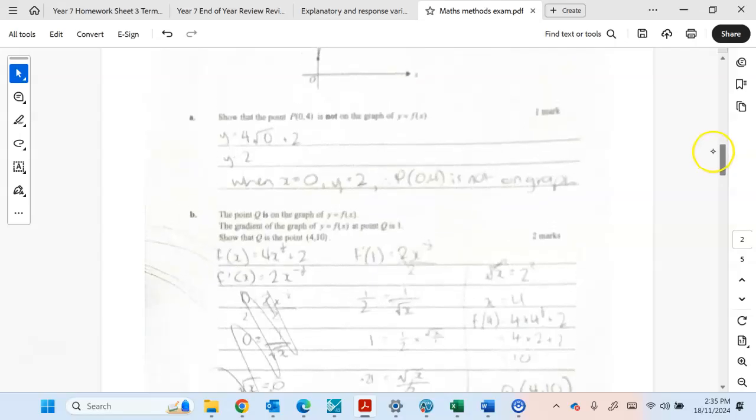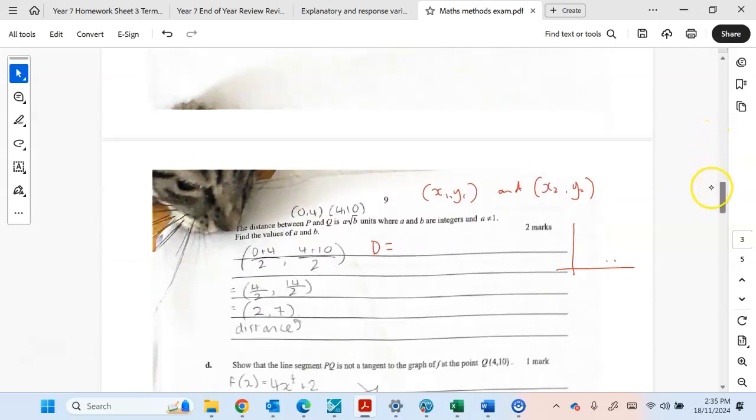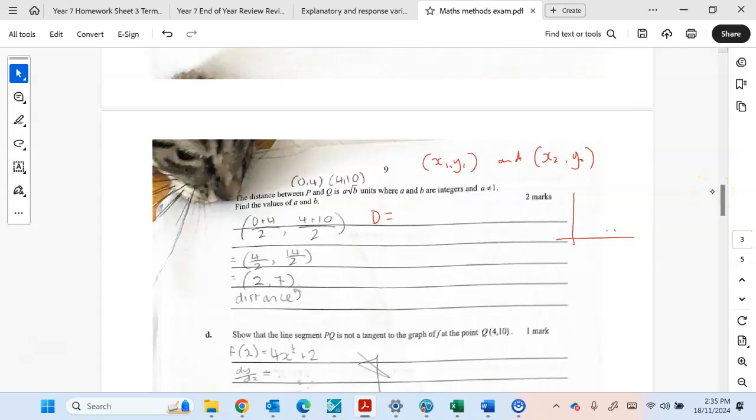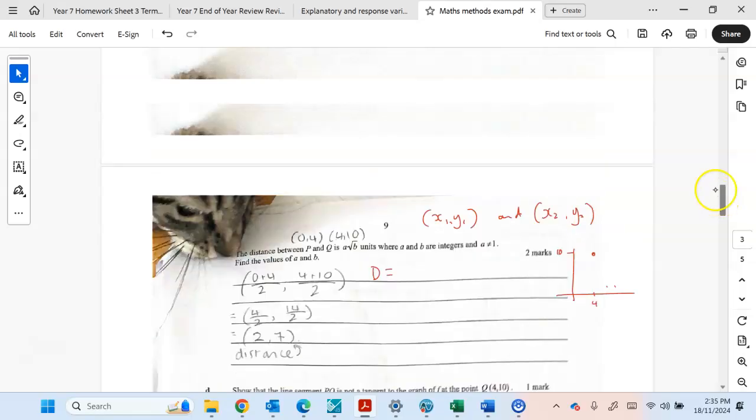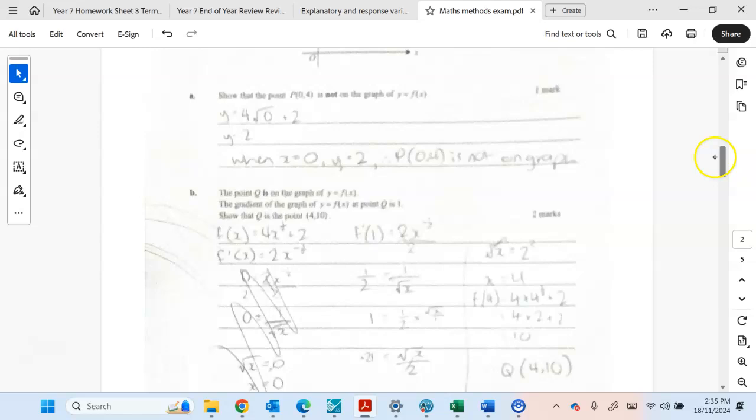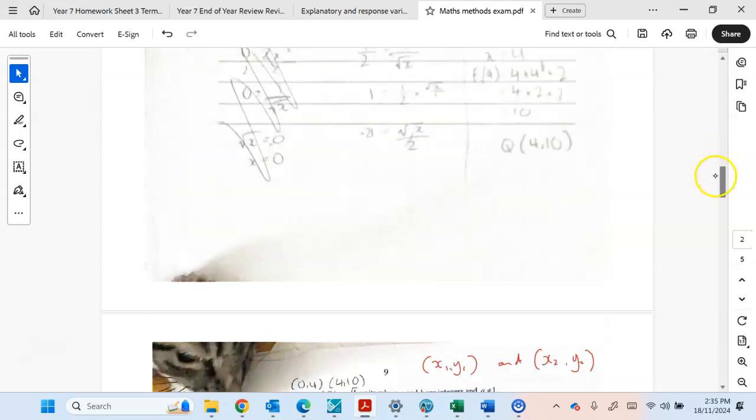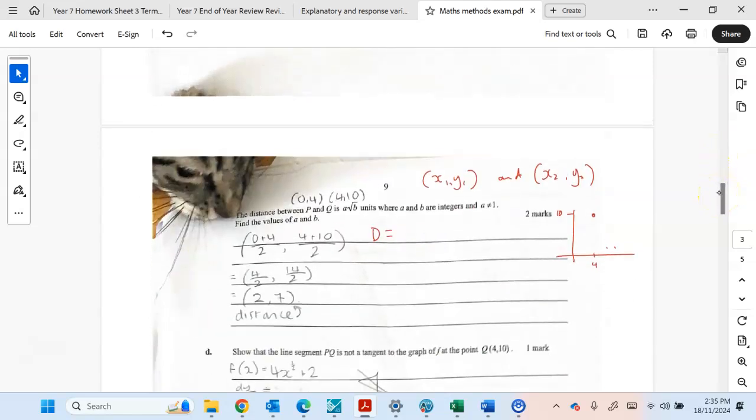So Q is 4, 10. All right, so let's say this is 4, that's 10. So there's 1 point. And P, what was P? 0, 4. So that's going to be around here. All right, so we're finding the distance between these 2 points.